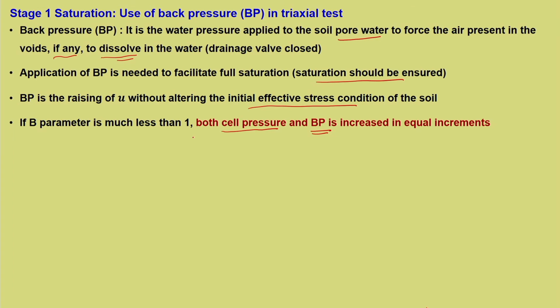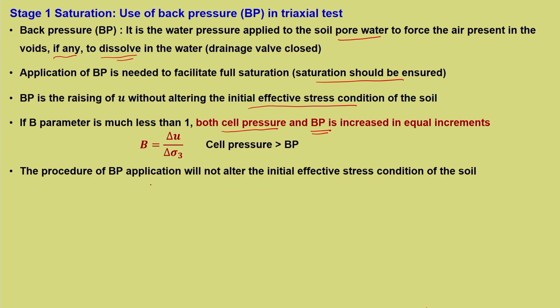So, if B parameter is less than 1, both cell pressure and back pressure are increased in equal increments. So, B is equal to delta U by delta sigma 3, and we need to keep in mind that always the cell pressure is kept more than back pressure, else there will be a case of negative condition. So, always the cell pressure is greater than back pressure.